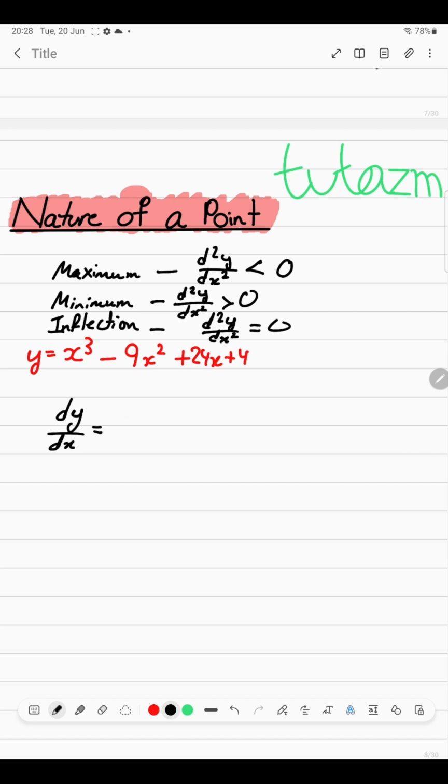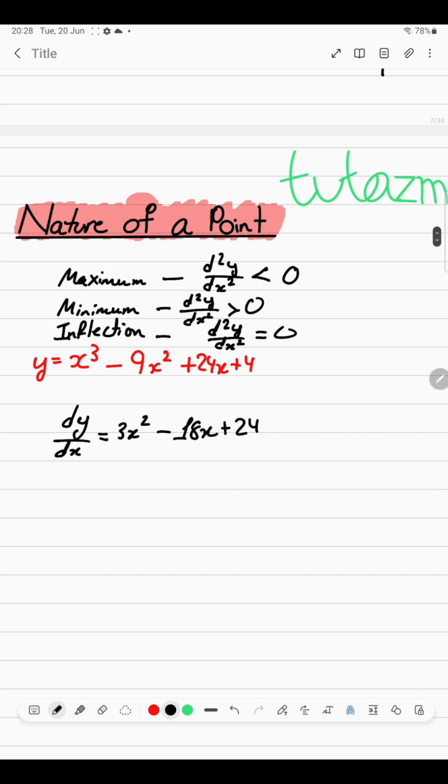So dy by dx is 3x squared minus 18x plus 24. If you want to find the stationary points, we know that dy by dx is equal to 0, so we'd have to solve that equation.